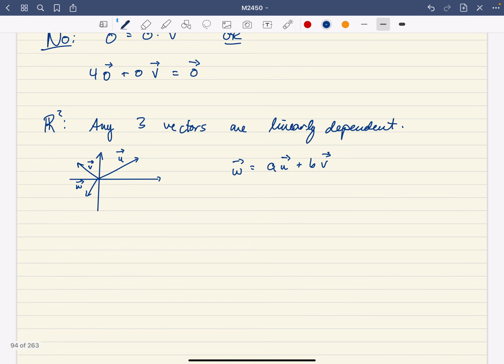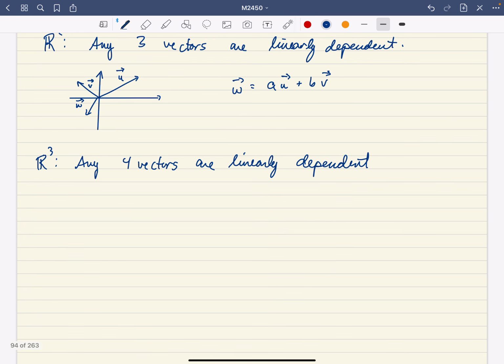Likewise, you could make the same argument in R3. In here, any 4 vectors are linearly dependent. Same argument, you just have to argue geometrically in 3 dimensions. This is also going to be the case in P2. So in P2, again, any 4 vectors.